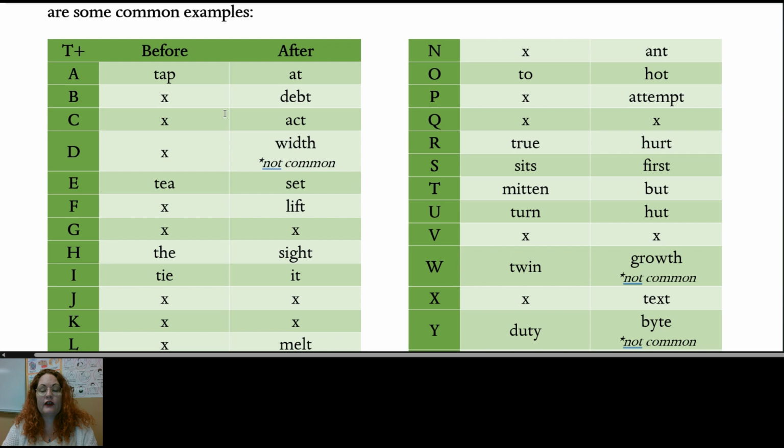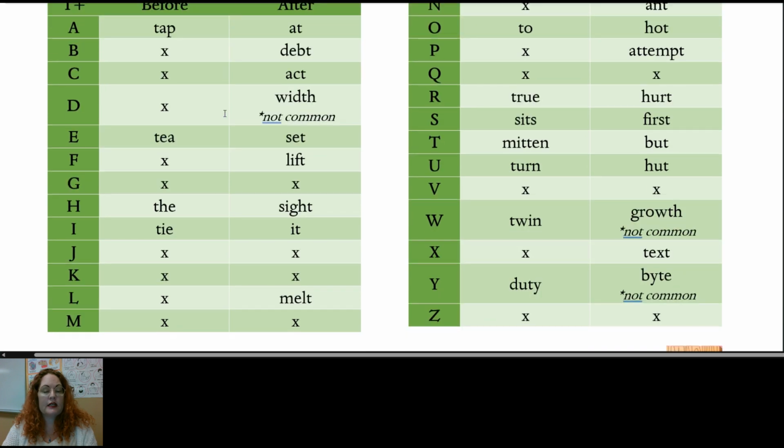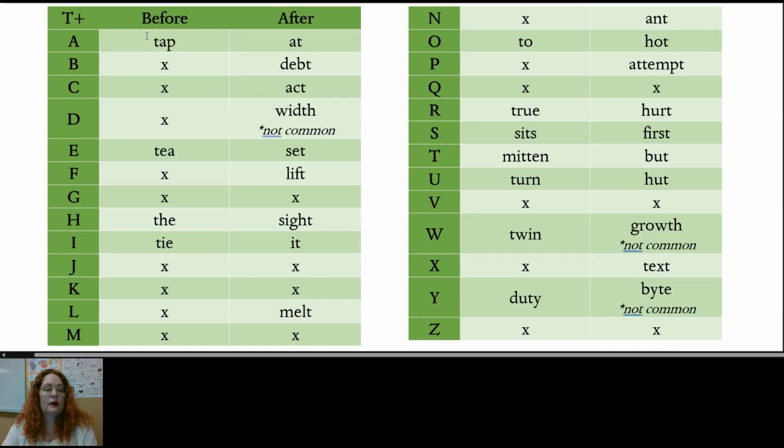T is a friendly letter. It has a lot of combinations. For example, tap or at with A, debt, act, with C, this doesn't happen a lot, but sometimes.